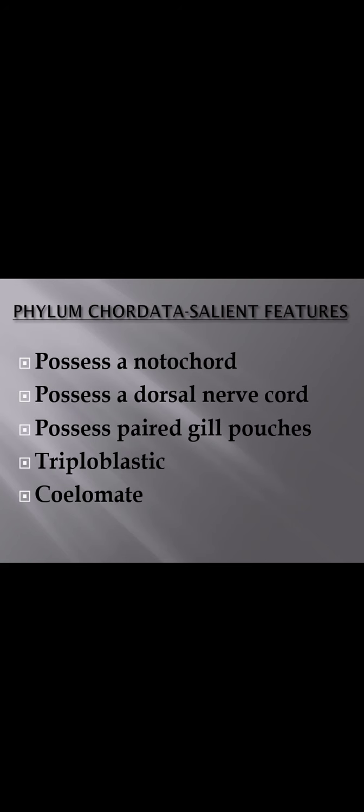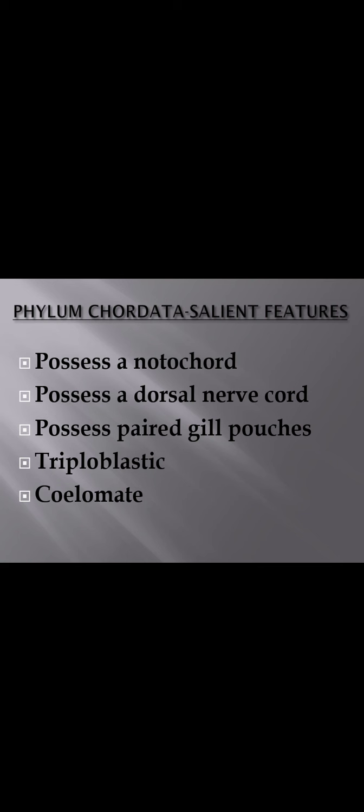Next is phylum Chordata salient features. What are the salient features of phylum Chordata? It possesses a notochord. It possesses a dorsal nerve cord. Notochord, just now we have come across what is notochord, right? And dorsal means the upper part.